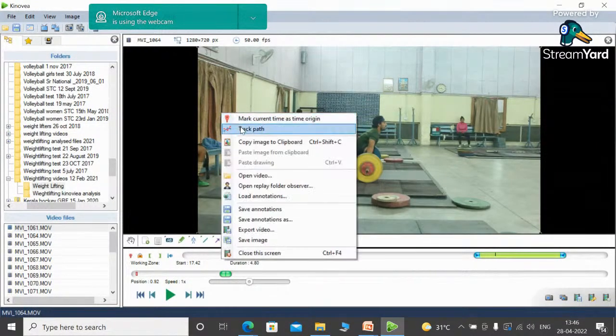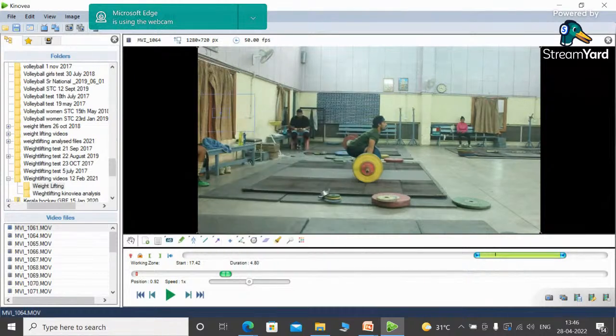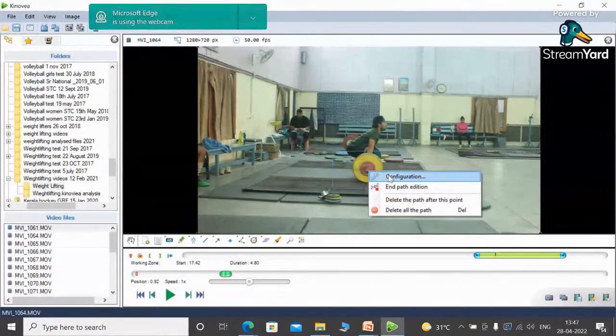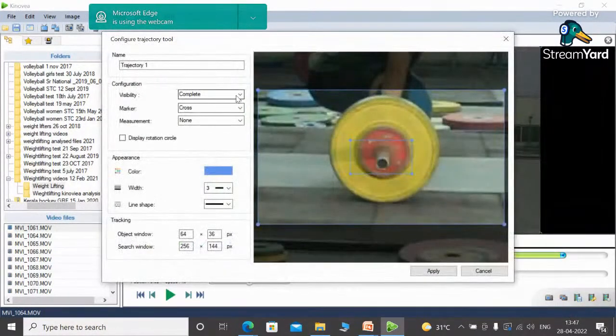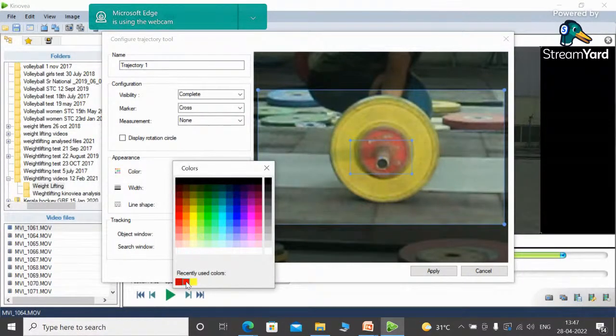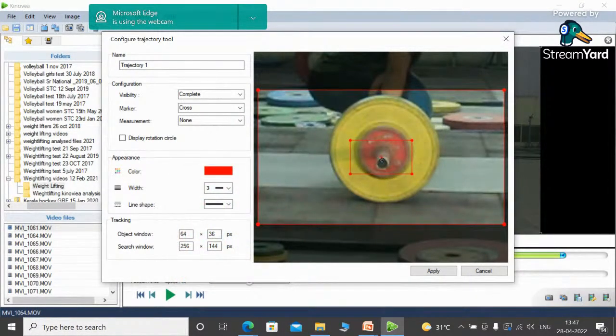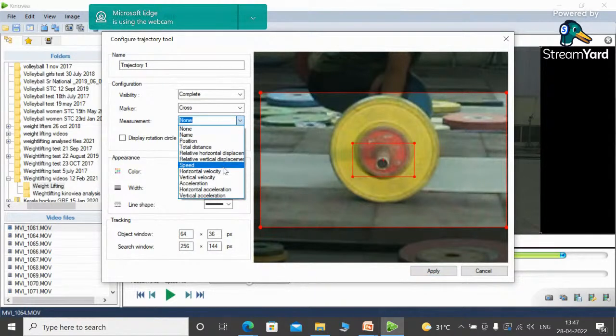Suppose my wish is to track the path, so I will place this at the center and configure it. I will change the color so that it is visible to all, change the position like this, and then change the measurement. I would just want to know the speed. Right now it will come in pixels because I have not calibrated it.